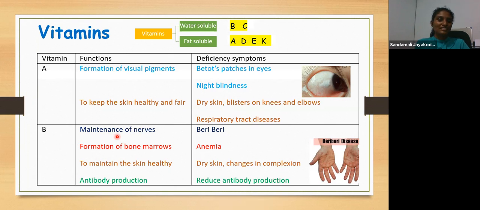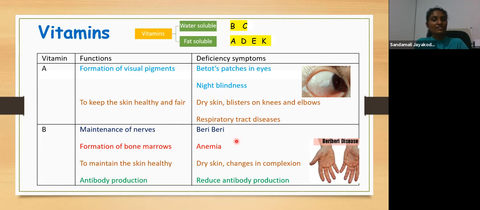And then B, it maintains the nerves. Also it is helpful for the formation of bone marrow, it helps maintain healthier skin, and it is important for antibody production.